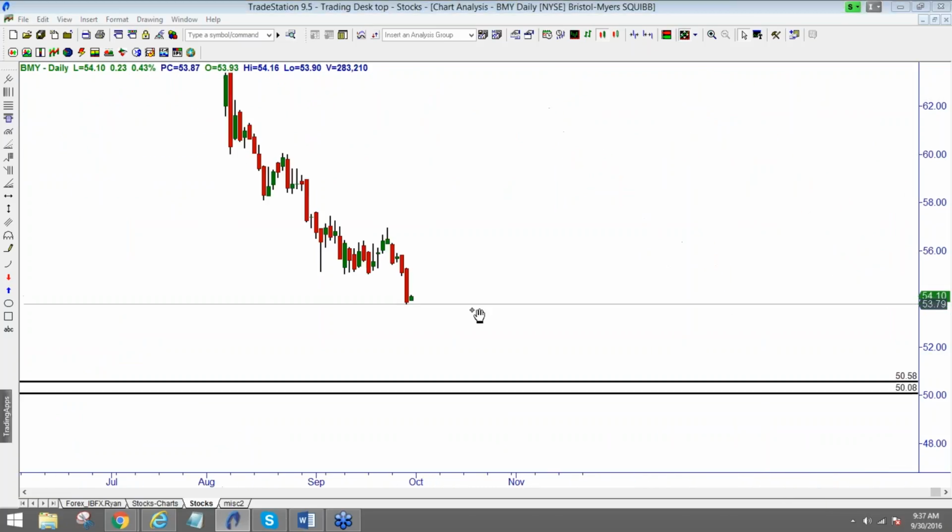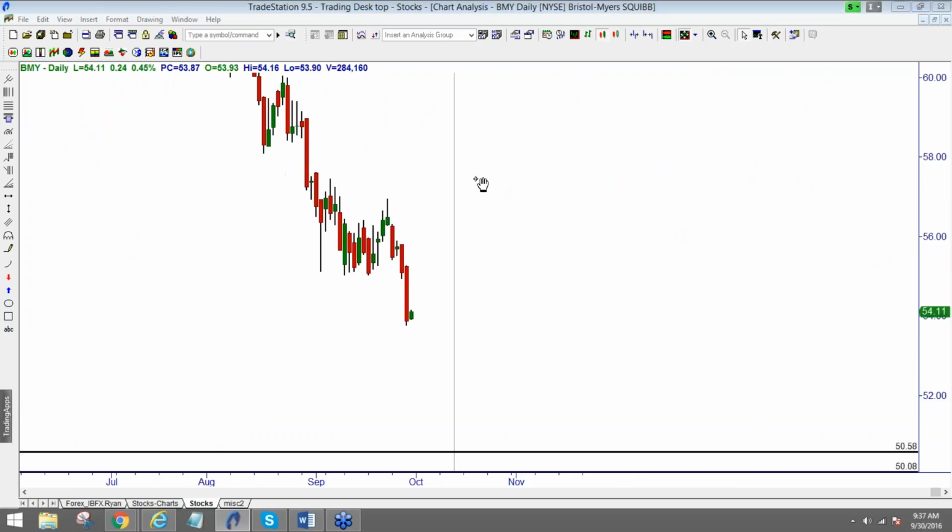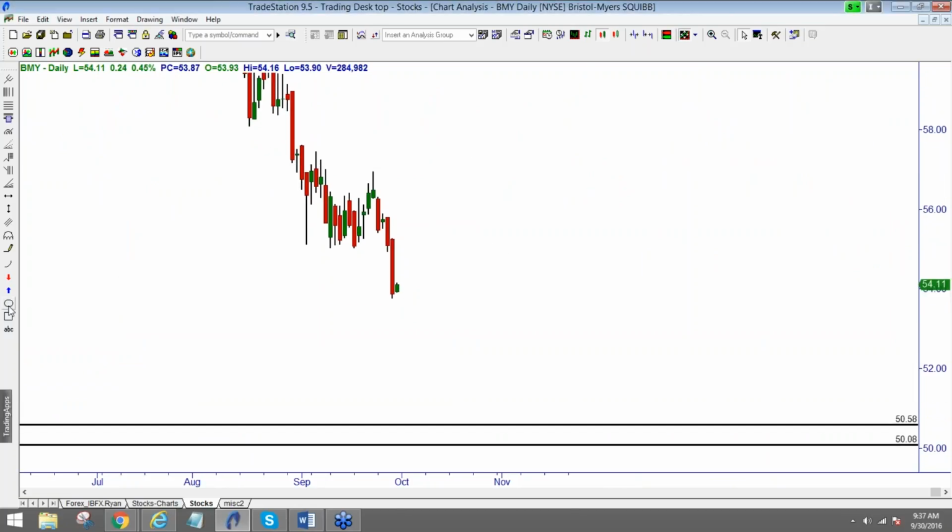Alright, nothing to really get long from on this daily chart on BMY down to 50. Alright, and then we got a little area to get short from up here. Not a big fan of these, but it's a trade nonetheless.